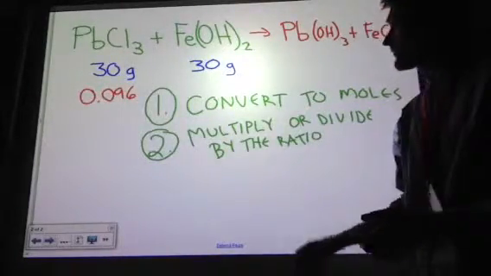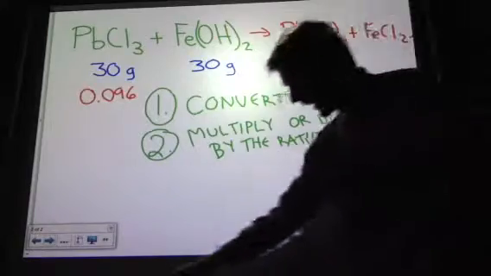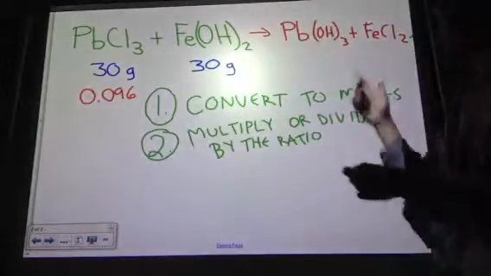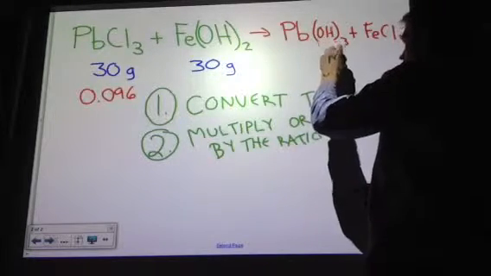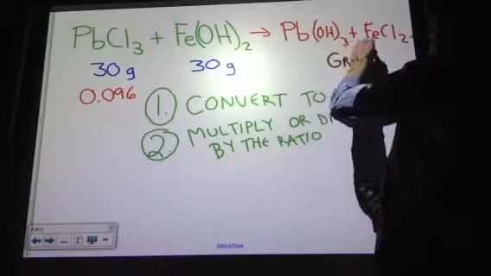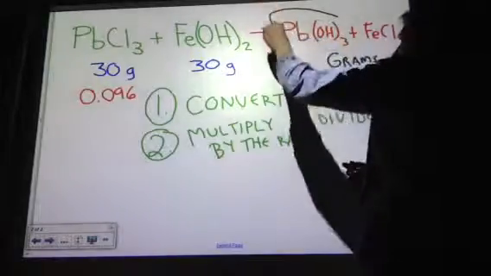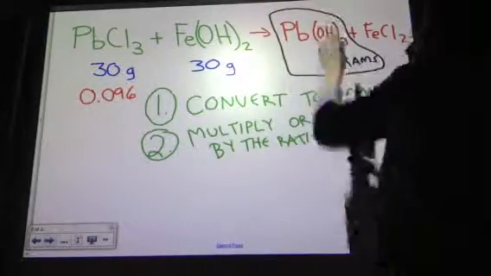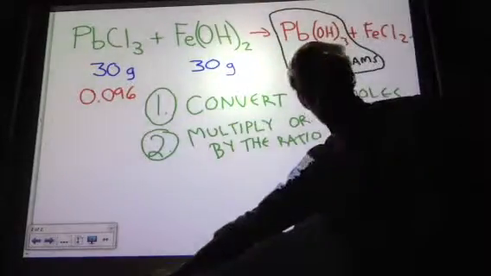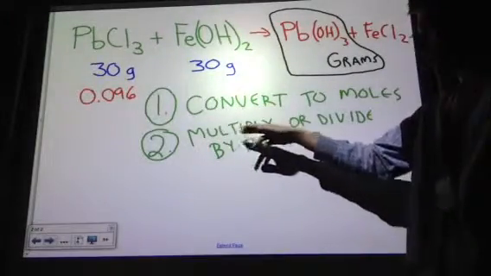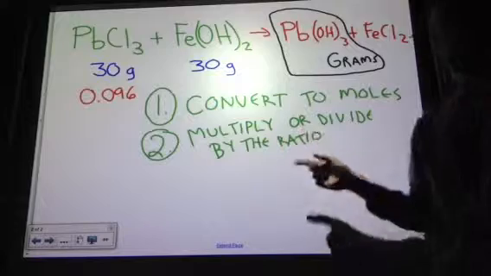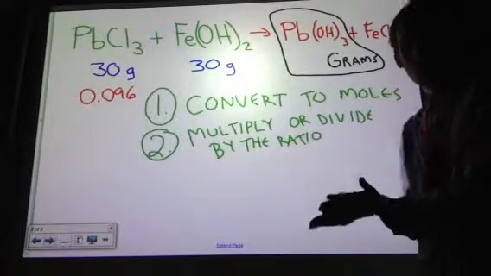So I'm going to say, I want to know how much lead hydroxide. So I want to know how many grams of this I make. So when I say multiply or divide by the ratio, that's confusing for a lot of people.